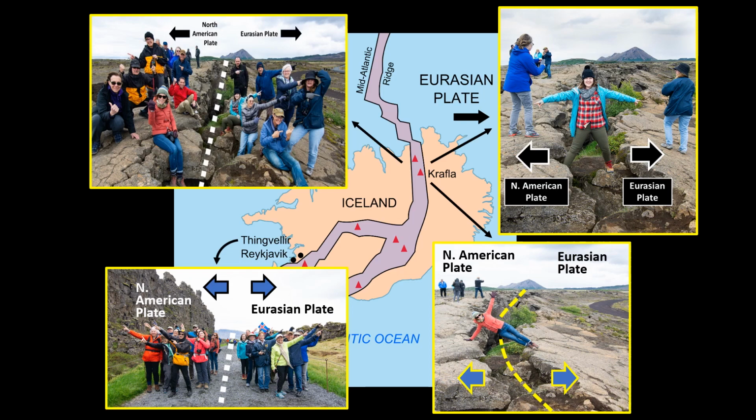And on this trip, we took every opportunity we could to stop wherever we saw the plate boundary or typical plate boundary features, typical extensional rifts, extensional cracks like you're seeing. And of course, we pretended in each place that we could kind of straddle the plate boundary. And anytime we crossed a plate boundary, we got out of the bus and set up these pictures.